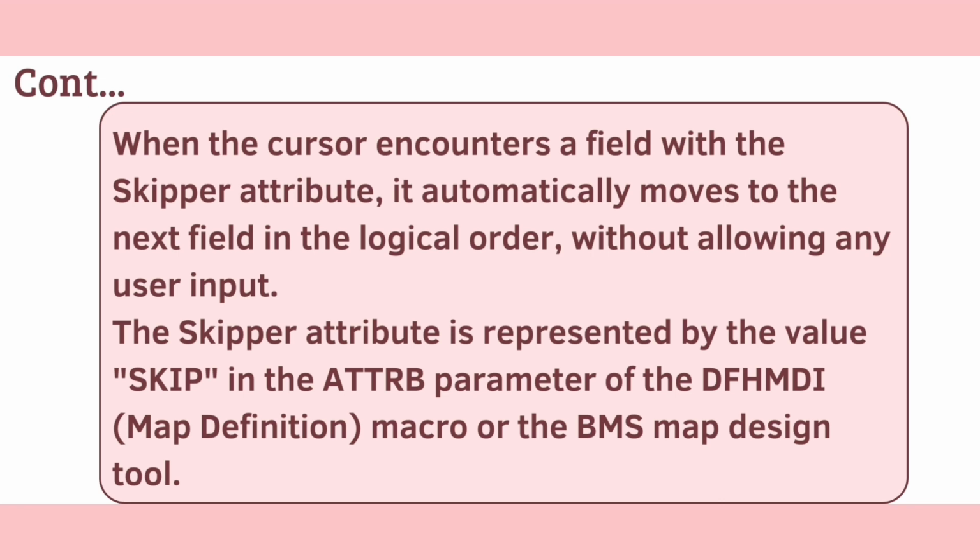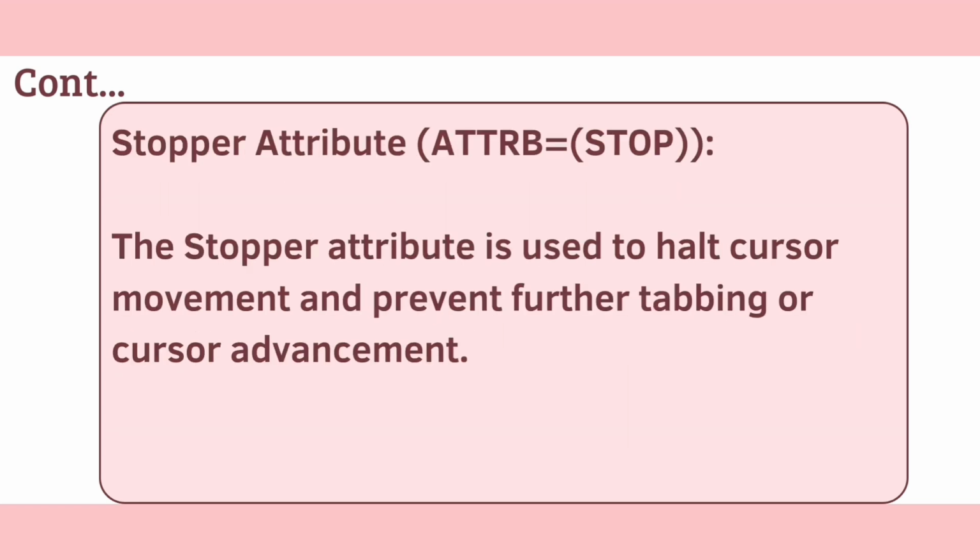Skipper fields are often used to create navigation or control logic within a map. The skipper attribute is represented by the value SKIP in the ATTRB parameter of the DFHMDI, that is map definition macro, or the BMS map design tool. Now coming to stopper attribute.